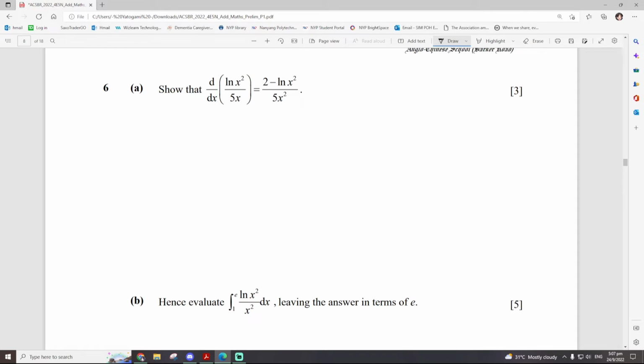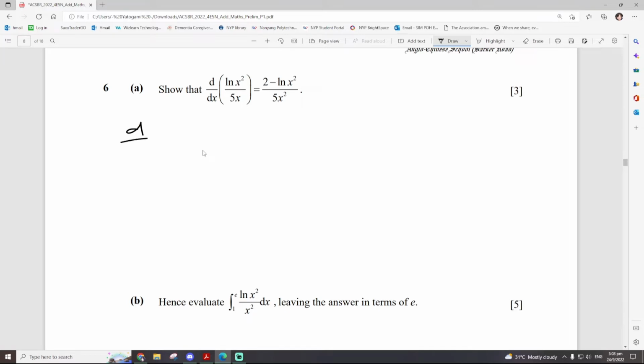Question 6. Show that the derivative of ln x squared divided by 5x is 2 minus ln x squared over 5x. Okay. So we're going to start with the quotient rule.